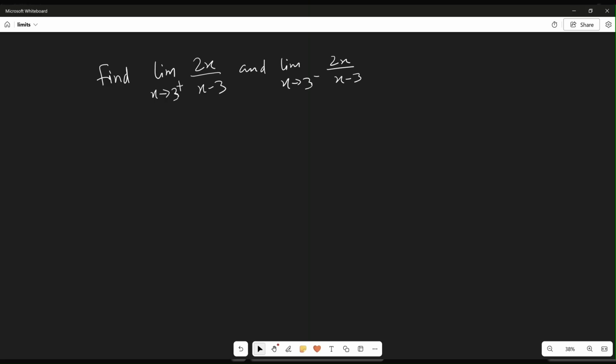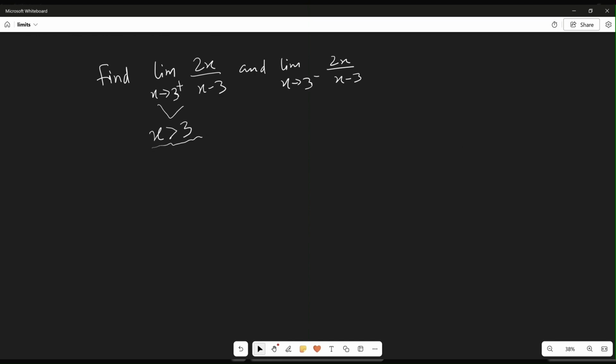And the easiest way is, looking at this, x approaches 3 with the positive sign at top. That means we are looking at the limit for this function where x is greater than 3. As we already know, at 3, this function is undefined, right? We are going to find the limit for this function as x is getting closer to 3 but greater than 3.